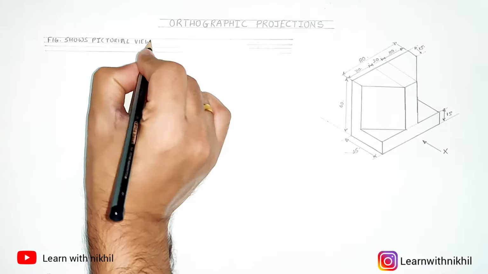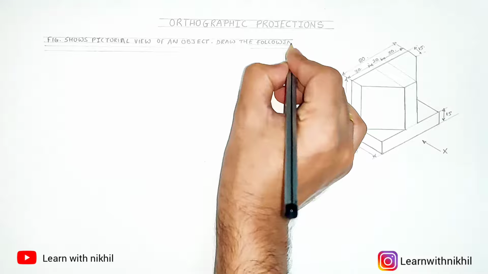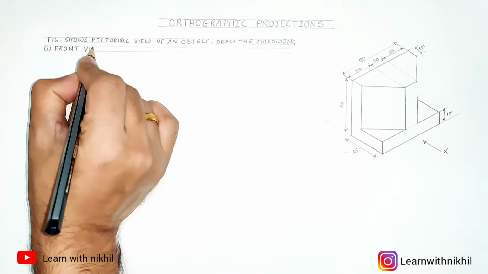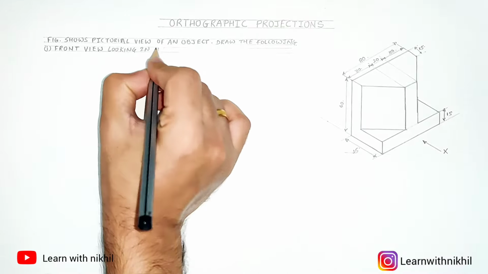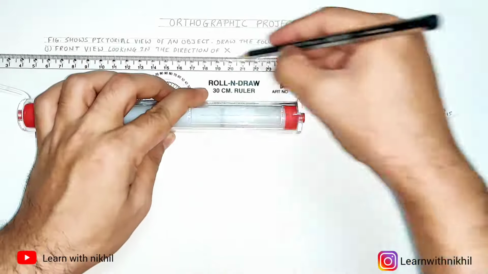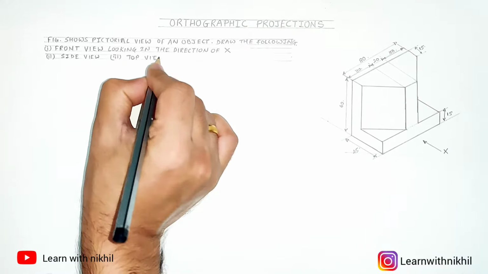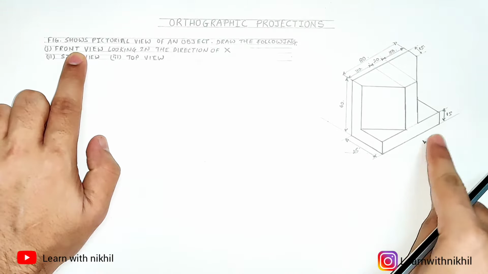So the question will be given. The figure shows a pictorial view of an object. Draw the following front view looking in the direction of X. So in the three-dimensional figure, the X direction represents the front view. Second is the side view and third is the top view.